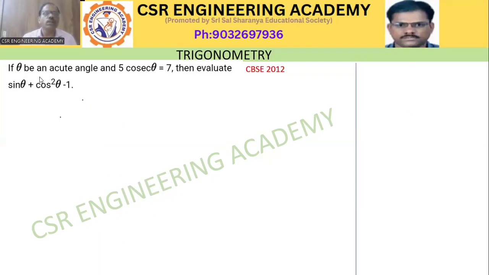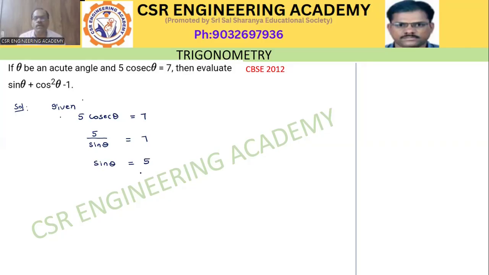If theta be an acute angle and 5 cosecant theta is equal to 7, then evaluate sin theta plus cos square theta minus 1. Given 5 cosecant theta is equal to 7, 5 by sin theta is equal to 7, sin theta is equal to 5 by 7.